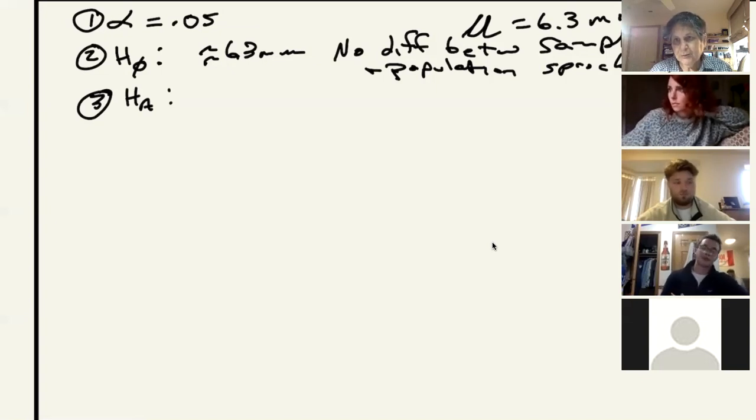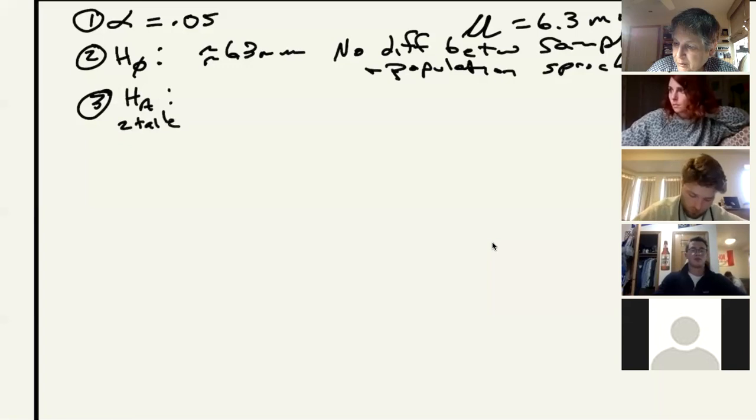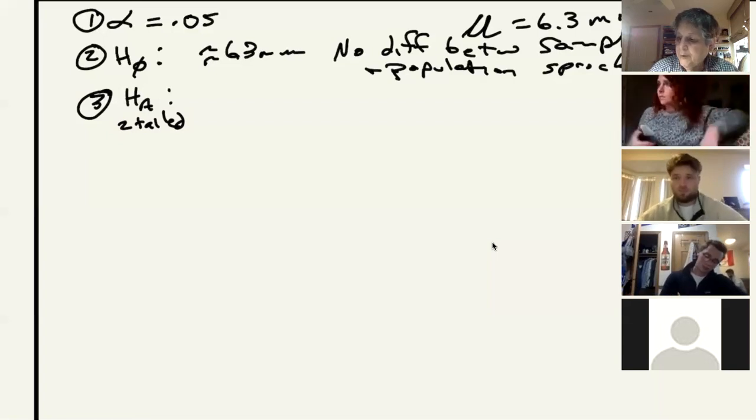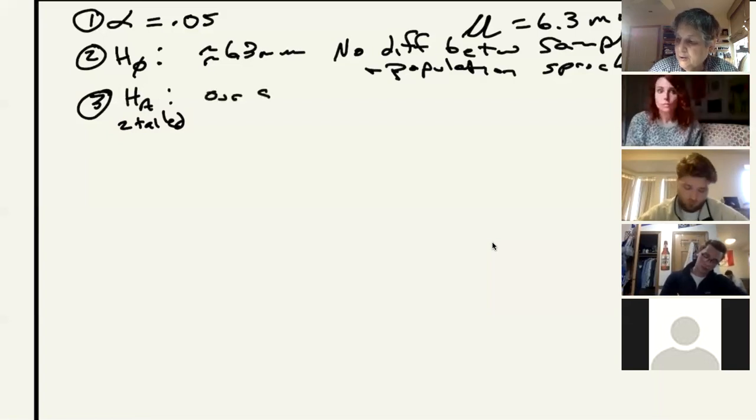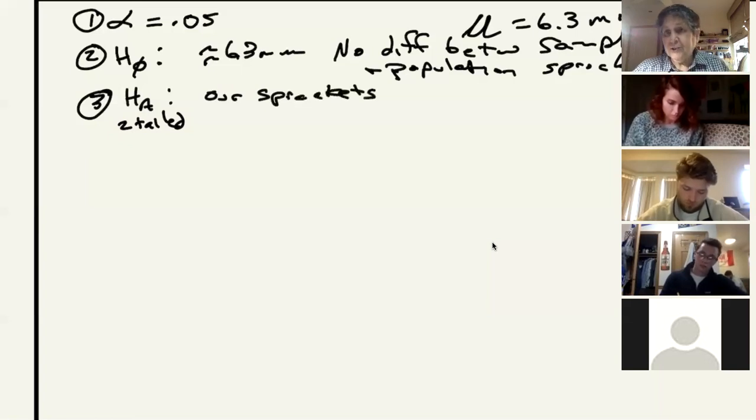Both ways means we have to recalibrate the machine. So we're going to use a two-tailed hypothesis in this case. We need to remember that because we're going to have to look something up in a table that asks us about tails. Our sprockets could be in either direction. So let's just say they won't be the same size.